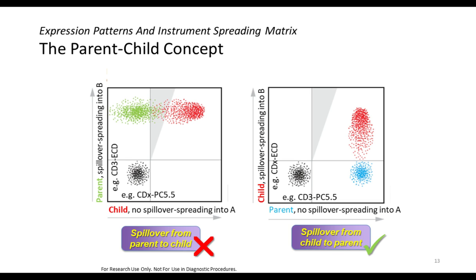What we see in the gray triangle is that we would find dots in there that are gray, that are green, but also other dots that are red.